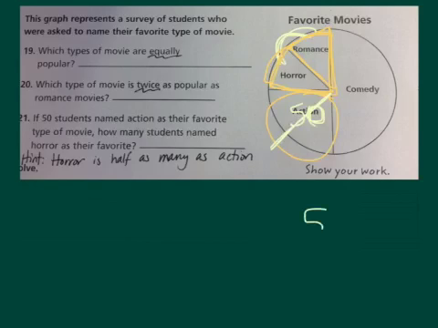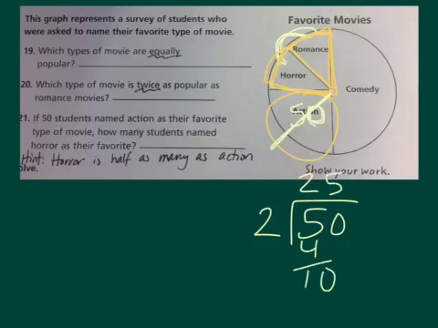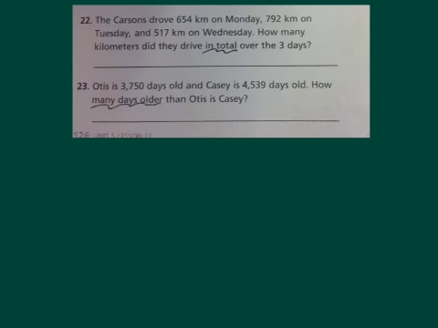So I'm going to take 50, and some of you know what 50 is in half, but I'm going to divide it by 2, and I'll have 25.